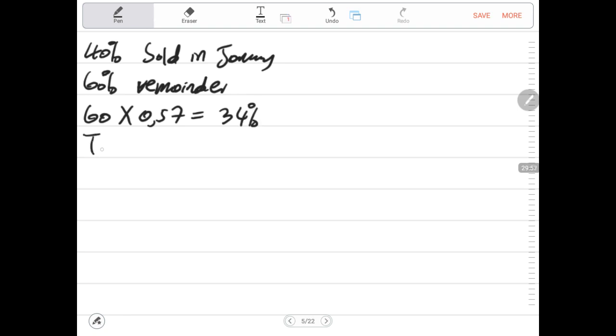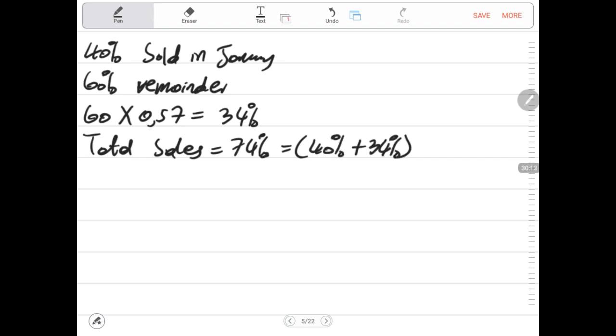And again, now the total sales will be equal to 74%, being 40% of the sales of January plus 34% of the sales of February. Now, we know that is 74%.